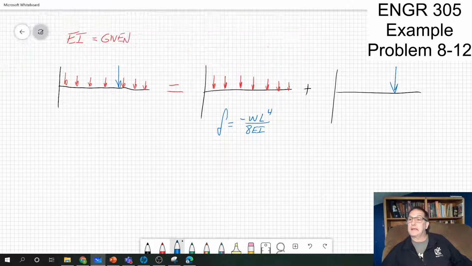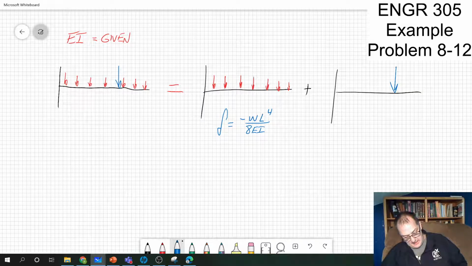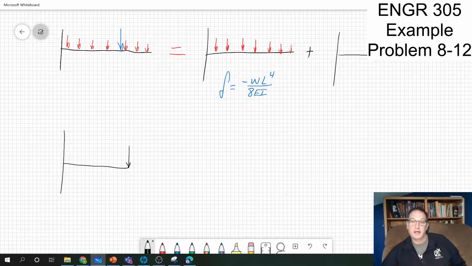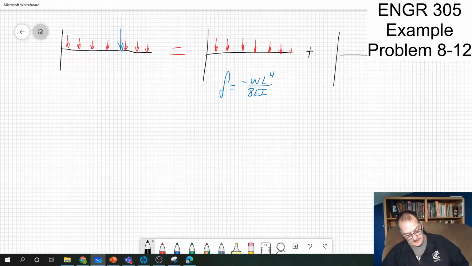What do I do with my cantilever beam? Well, we need to look at that cantilever beam a little bit differently. Maybe that's not the right way to draw this. Let's redraw that.